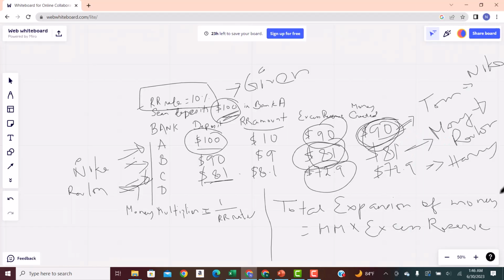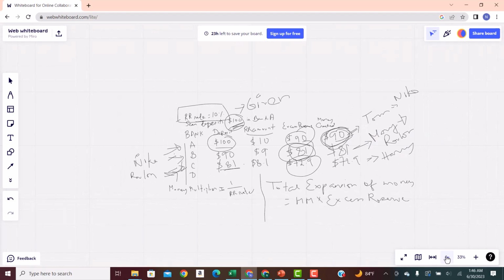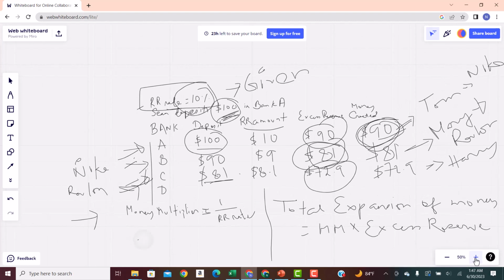So going back to this example, the initial deposit was $100. We know the required reserve rate is 10%. Remember, the money multiplier is given by 1 divided by the required reserve rate, not the amount. So 1 divided by 10% is equal to 10. That is the money multiplier. Now the second step, the total expansion of money, which we want to know, is your money multiplier times your excess reserve. And excess reserve is from the first line.